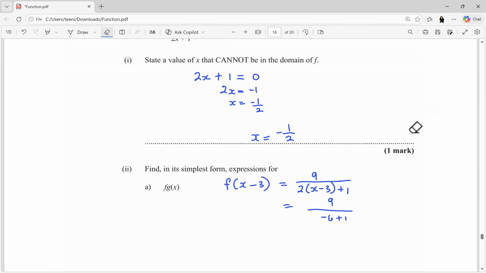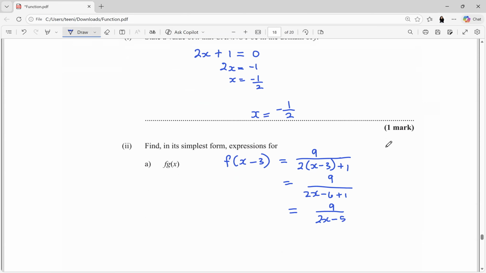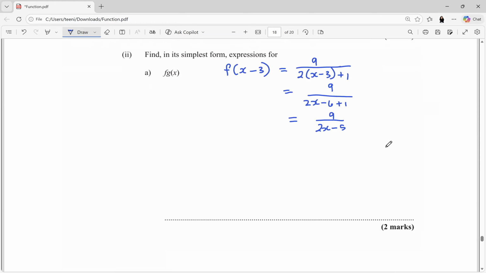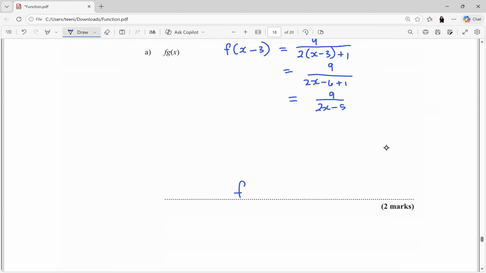Sorry, I forgot to put 2x here. So that would be 9 over 2x minus 5. Right? And so that's the answer there. f of g of x is equal to 9 over 2x minus 5.